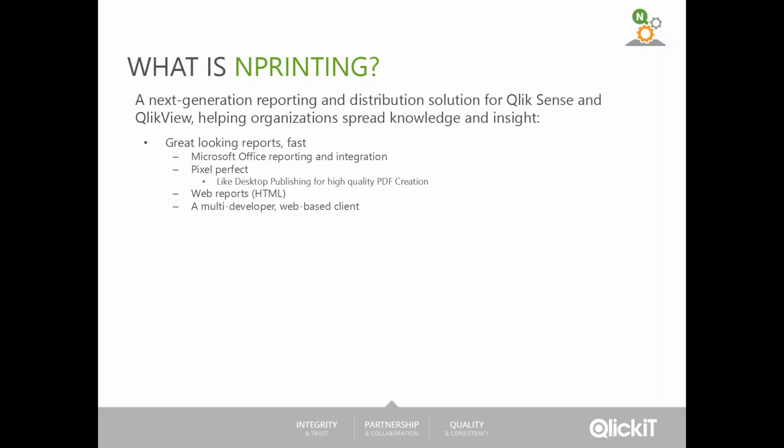Some people like creating very high definition PDF documents, typically marketing type documents, documents going out to customers or suppliers. People like to have a good look and feel to the documents they're publishing. And for that, there's something called Pixel Perfect already within NPrinting. It comes with the product, and that creates high quality PDFs.